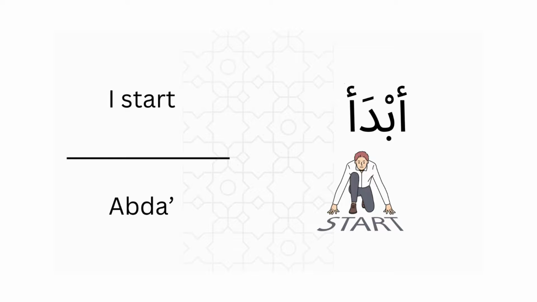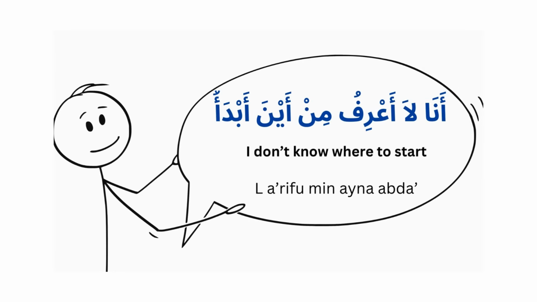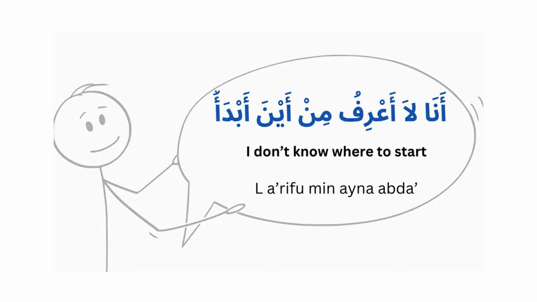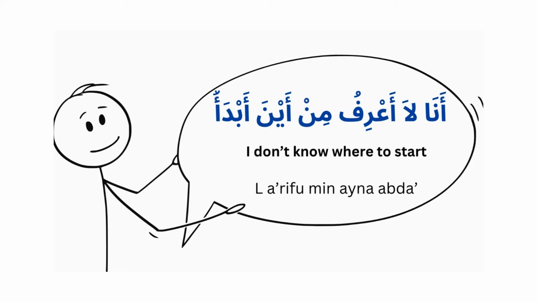It means I start or I begin. Now listen carefully to this sentence. أنا لا أعرف من أين أبدأ. We have من, which means from, and أين, which means where. So this sentence means I don't know where to start or where to begin.